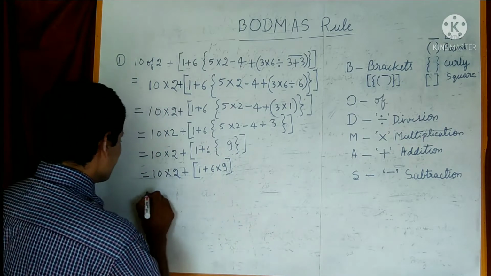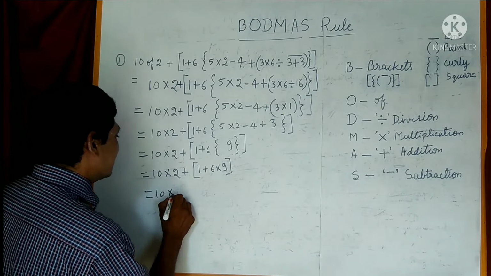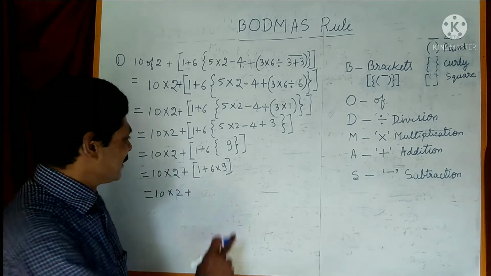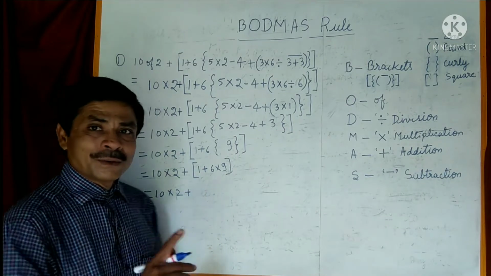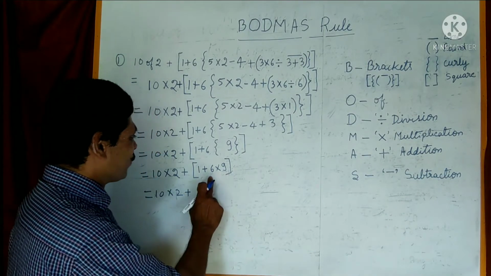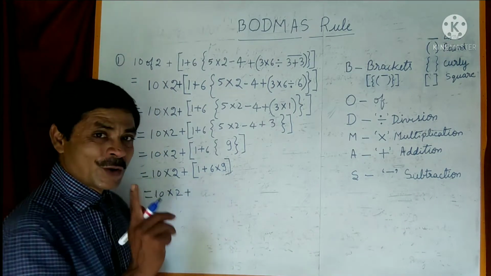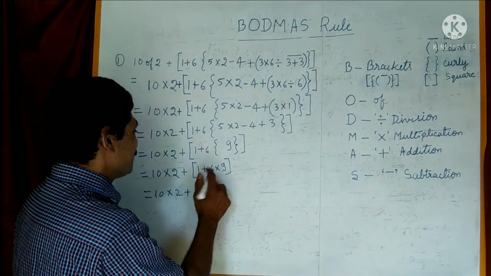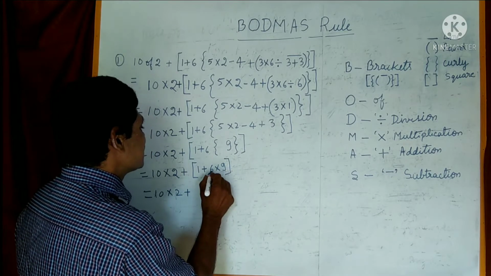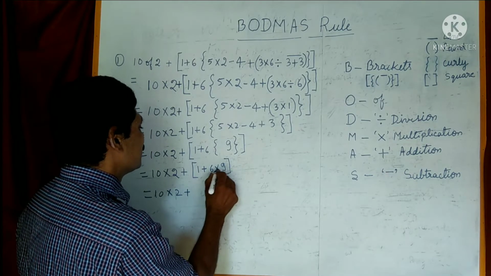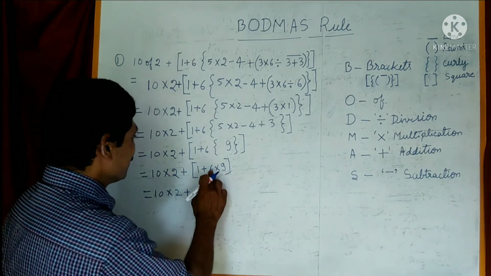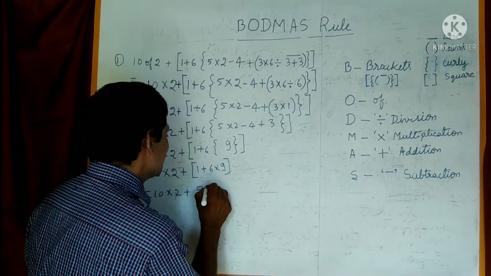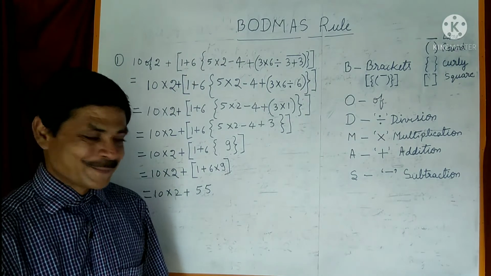This is equal to 10 into 2 plus, now we will remove the square bracket. First, which operation do we have to perform? We have to perform the multiplication operation. Okay? Then that means 6 into 9, 54. Plus 1 is 55. So this also we have removed.